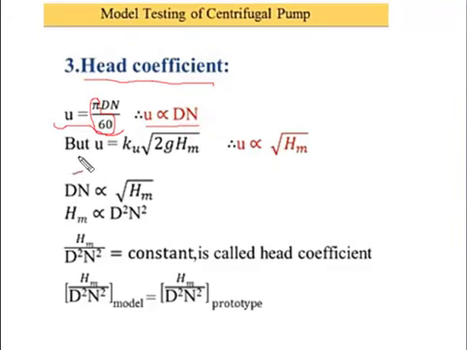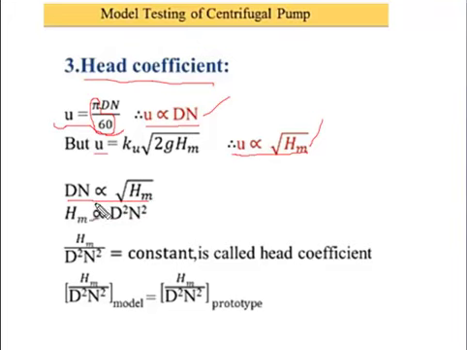But also we know that speed ratio Ku is equal to blade velocity divided by jet velocity. Therefore, blade velocity will be equal to Ku, this is speed ratio coefficient, into under root 2g hm. Therefore, eliminating all constant parameters in this equation, which are Ku and under root 2g, we get U is directly proportional to under root hm. From this equation and this equation, we get dn is directly proportional to under root hm.